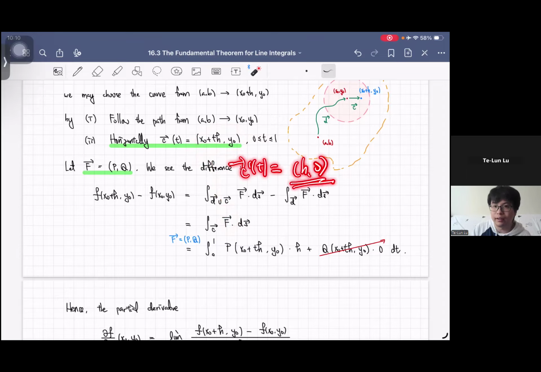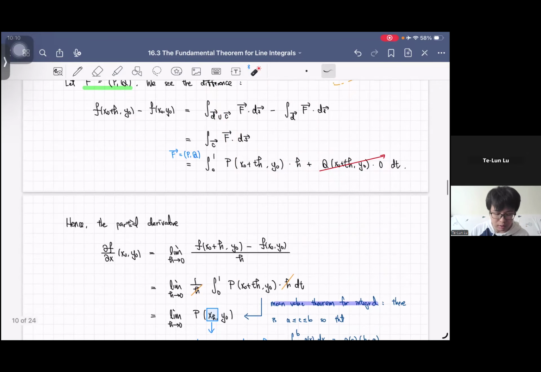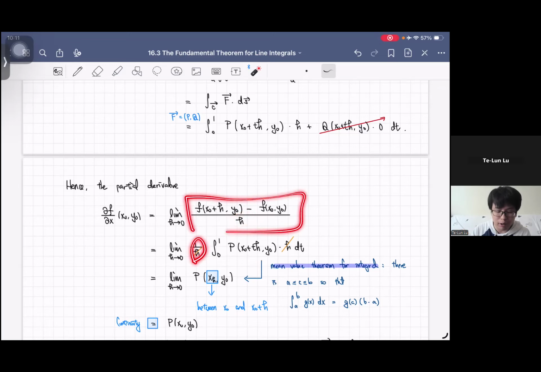There's no difference in the y direction. So you have (h, 0) dotted with (P(c(t)), Q(c(t))), where the Q term vanishes. Now let us do the partial differentiation. We already have the difference given by this expression, so let us write it down, and we also divide by h. This whole thing is the definition of partial differentiation.